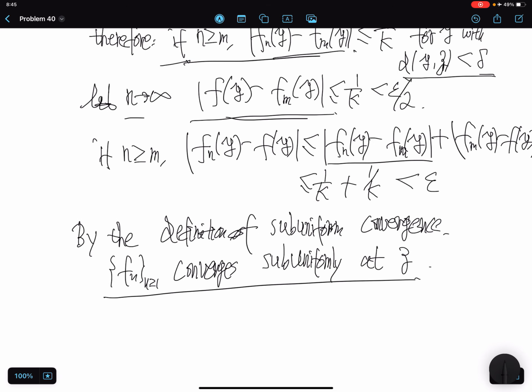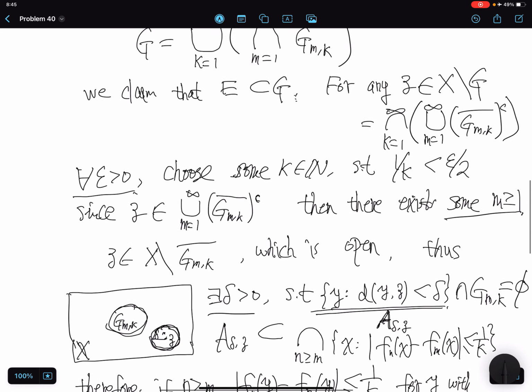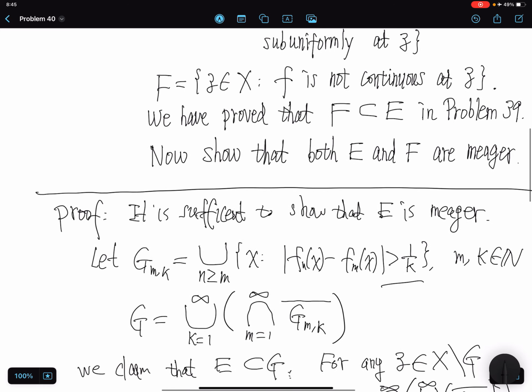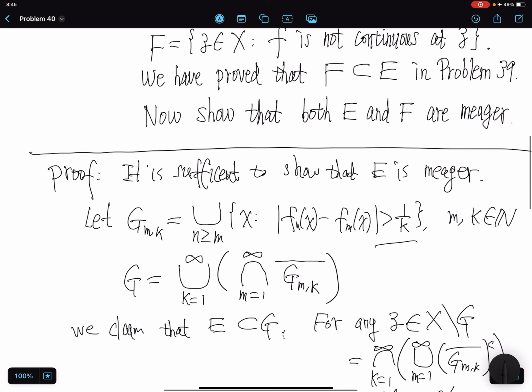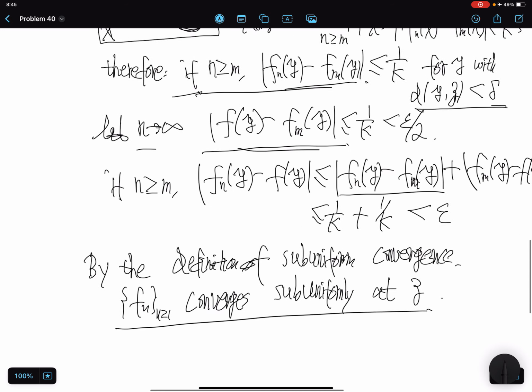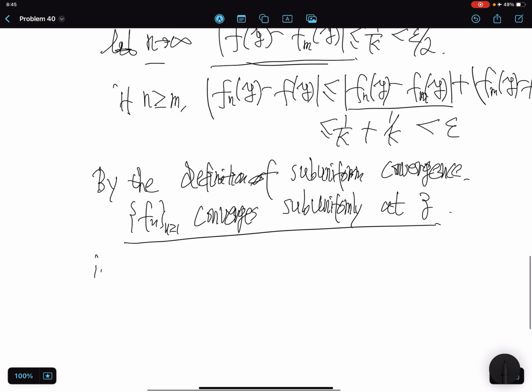So by the definition, this converges at z. That means what? And then what is the definition of our E? E is the set of z at which f_n does not converge uniformly. So this means z is not in E, right?